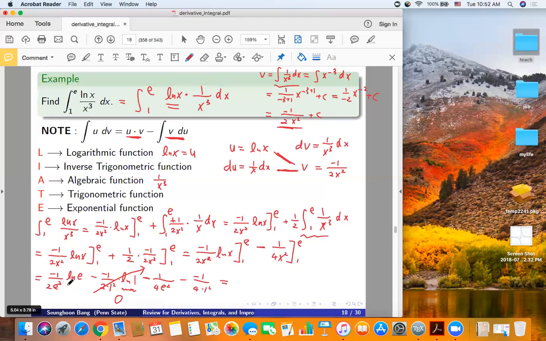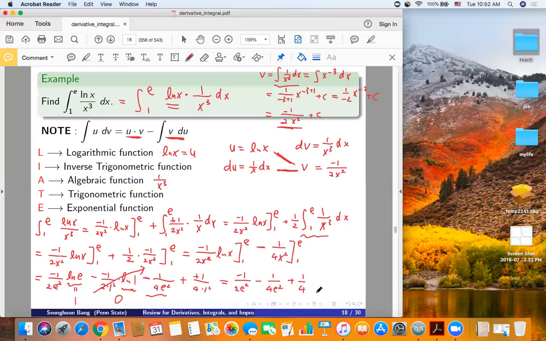What's ln of e? ln of e is 1. So 1 times minus 1 over 2 e squared is negative 1 over 2 times e squared. And here, minus 1 over 4 times e squared, and change it to plus 1 over 4.